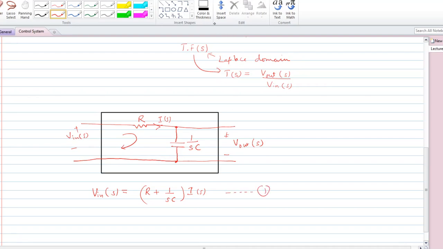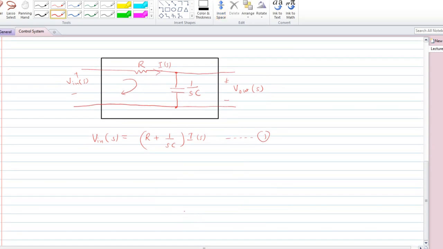And if we write second equation, then we will get the second equation as V out(s) is equals to I(s) into 1 by sC. If we find out its transfer function, that is also known as gain here because it is a ratio. Okay, so you can also denote it by G(s) or T(s).